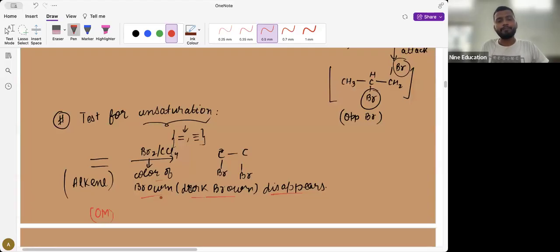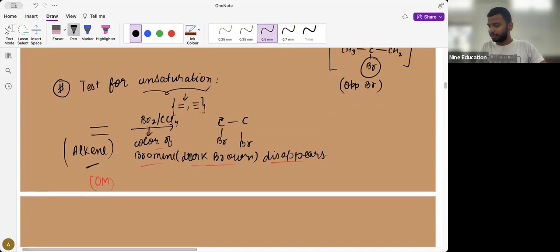If the dark brown color of bromine disappears, this will tell us that the organic compound contains alkene in that reaction, है ना? This is one of the tests for alkene.